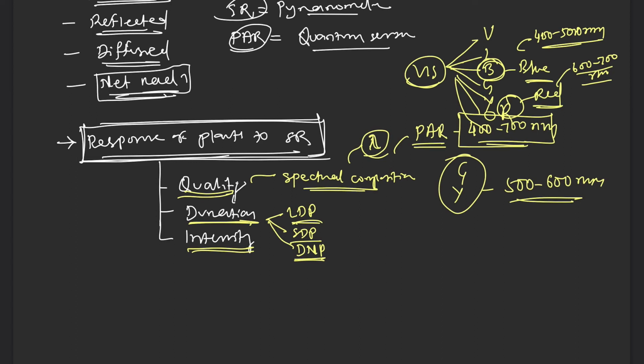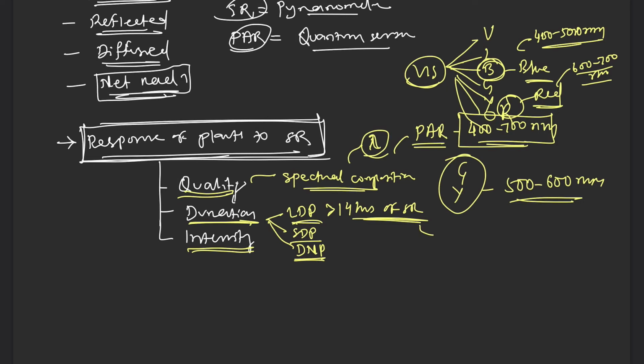If the plant requires more than 14 hours of solar radiation in a day for its flowering, critical is flowering, for flowering to happen, that is called long day plant.